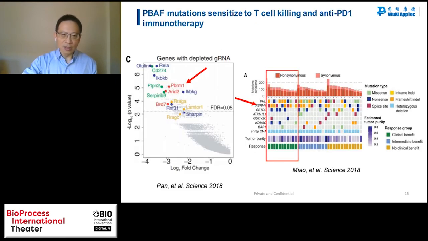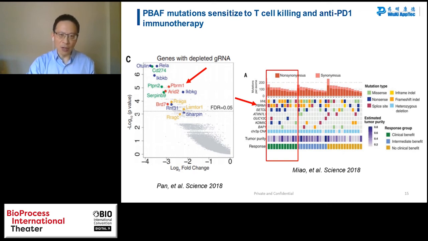Interestingly, PBRM1, ARID2, and BRD7 form a complex called the PBAF SWI/SNF complex, which regulates chromatin accessibility. The components of this complex have been identified to suppress T-cell mediated cytotoxicity in a cancer cell T-cell co-culture screening published about 2 years ago.